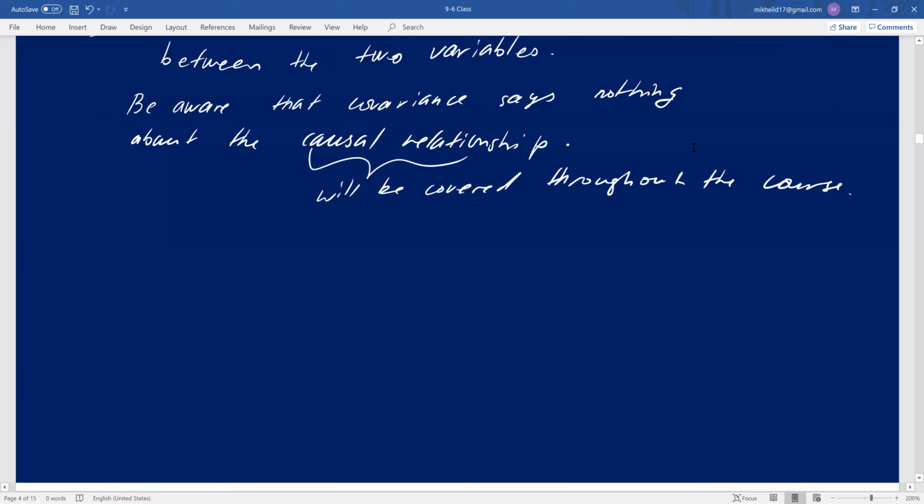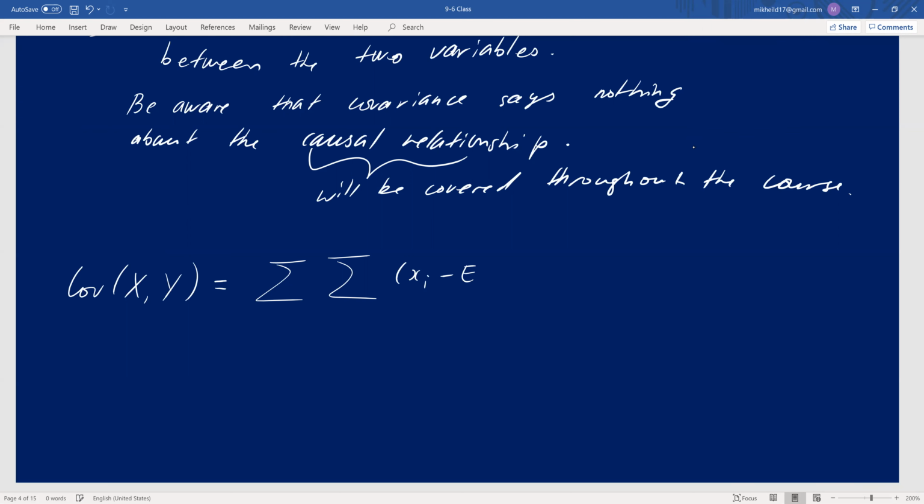Now, what's the formula of covariance? Covariance between X and Y equals, we have two summations because it's over X and over Y. So this will be xi minus the expectation of X, times yj minus the expectation of Y, times the probability that X equals xi and Y equals yj.